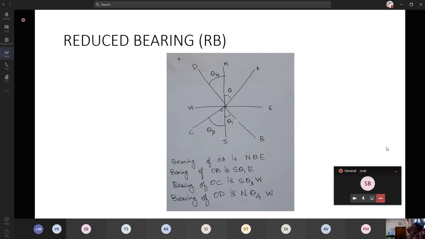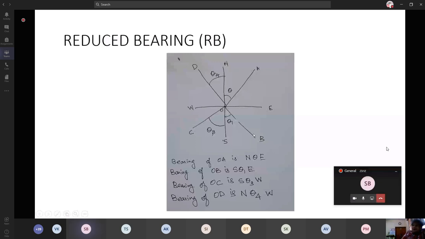Sir, how can we measure the bearing of line AB with respect to the same line? There are two points. See, for example, this is point O, and this is point B. OB is the line. Do you agree with that?